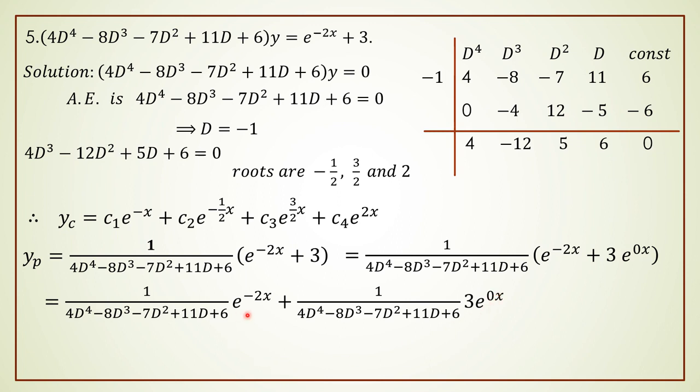In the first case, you replace the operator D by the coefficient of x, that is minus 2. In the second term, replace your operator D by the coefficient of x.